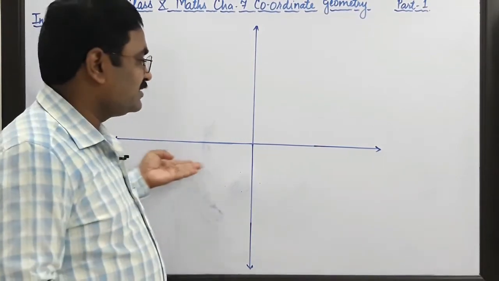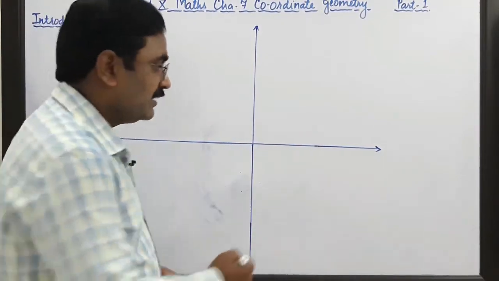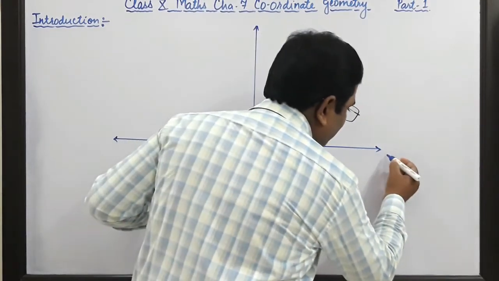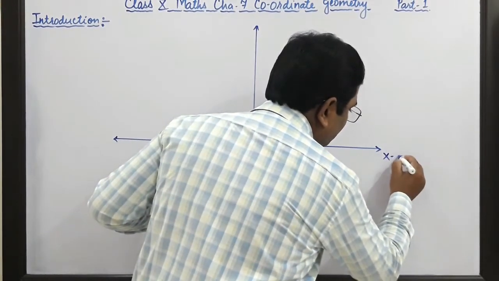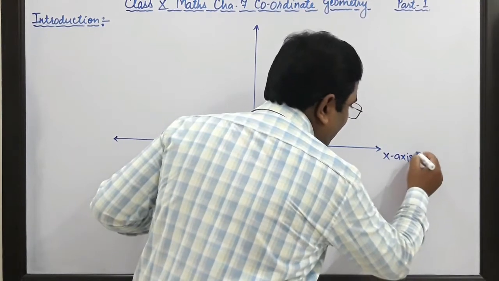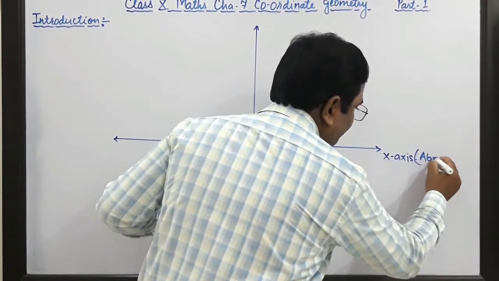This horizontal line is called the x-axis, and it is also known as abscissa.